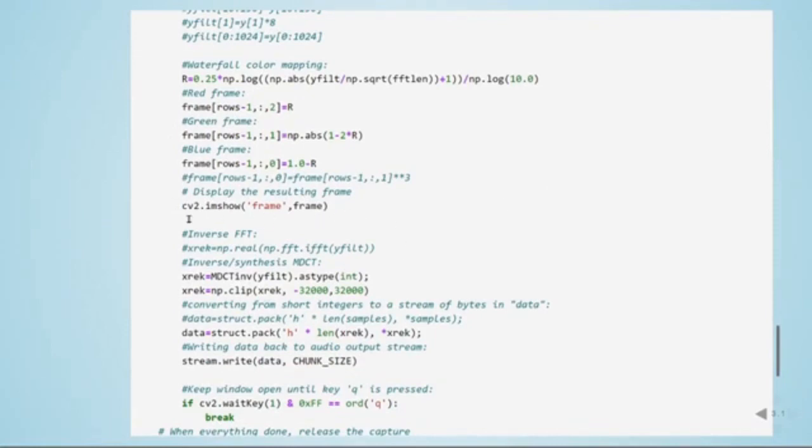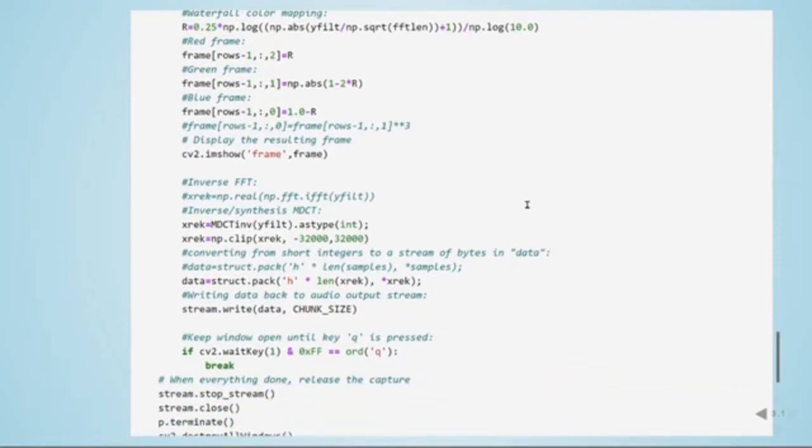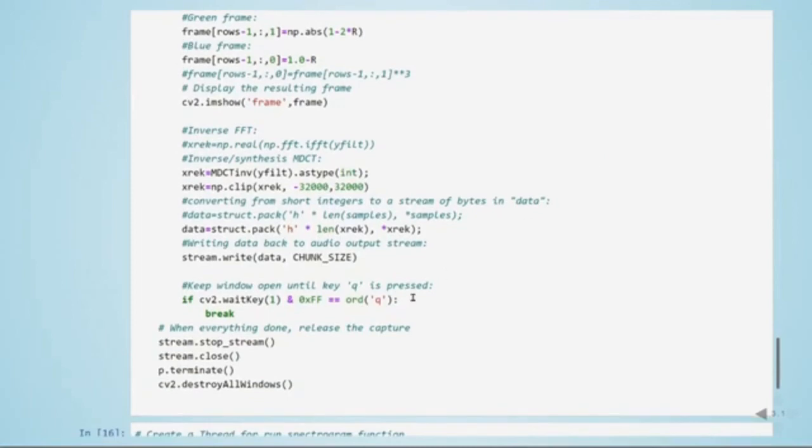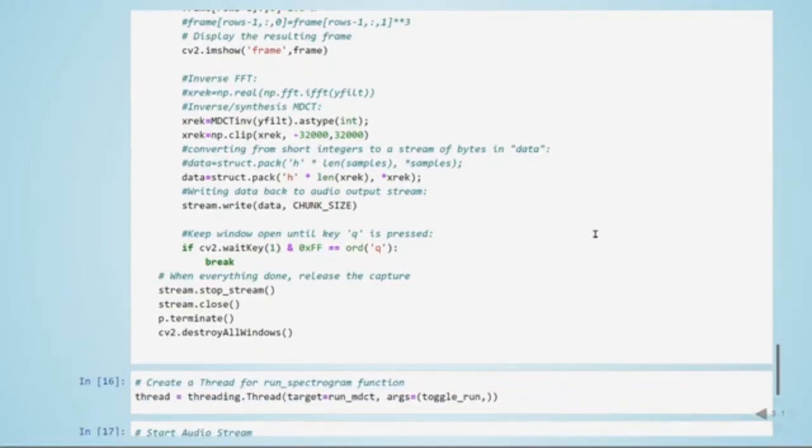Here we are displaying the frames. Then we are taking the inverse or the synthesis MDCT to get the reconstructed signal, and then we write the samples to the audio stream. And here when we stop the OpenCV, we want to release the capture.